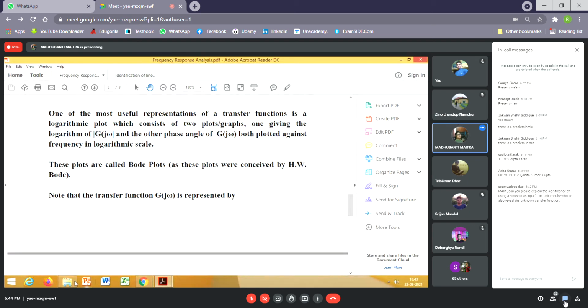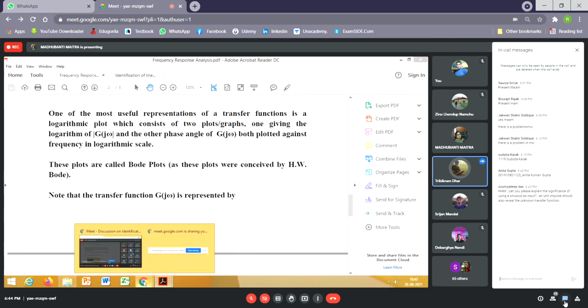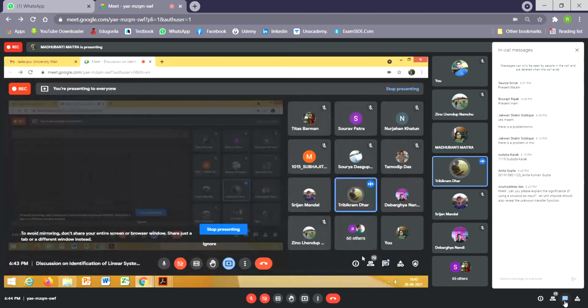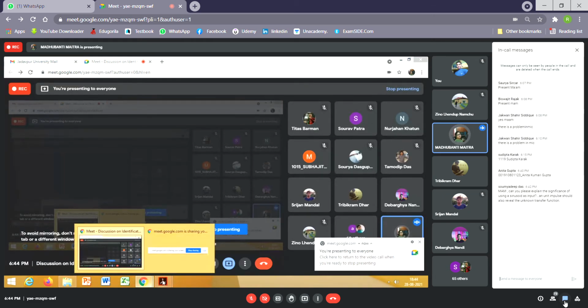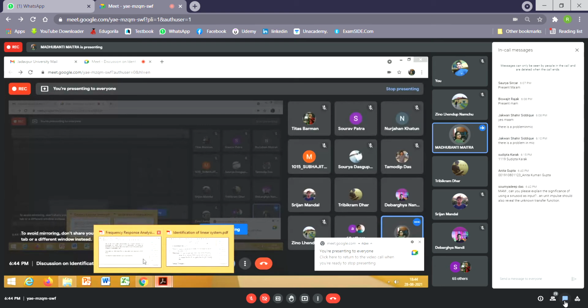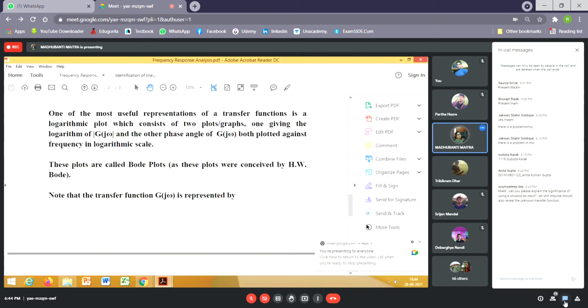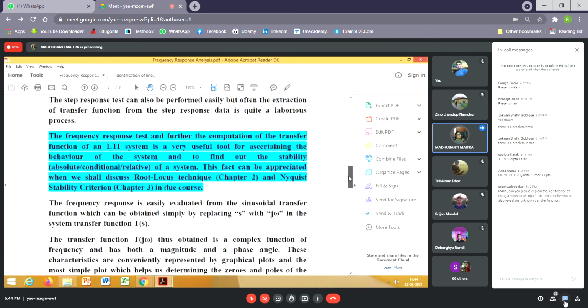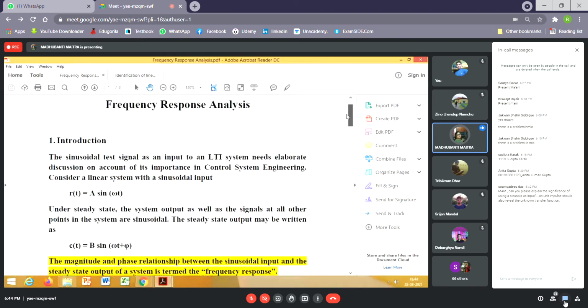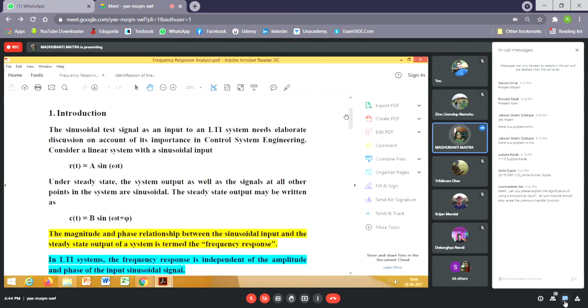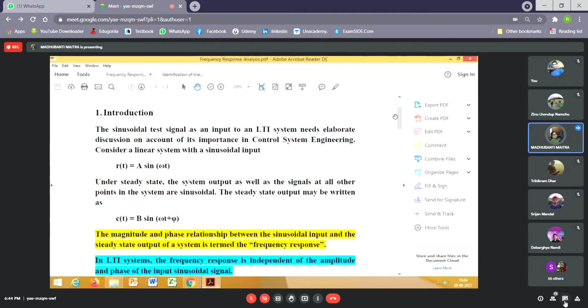What is the question? He has asked to explain the significance of using a sinusoid as an input. Sinusoidal input is a frequency domain based technique. I'm not going to discuss all these things in detail because this is basically the prerequisite of this experiment. Only for your convenience, I'm just touching upon this topic. Often we excite a system with certain kinds of test signals.